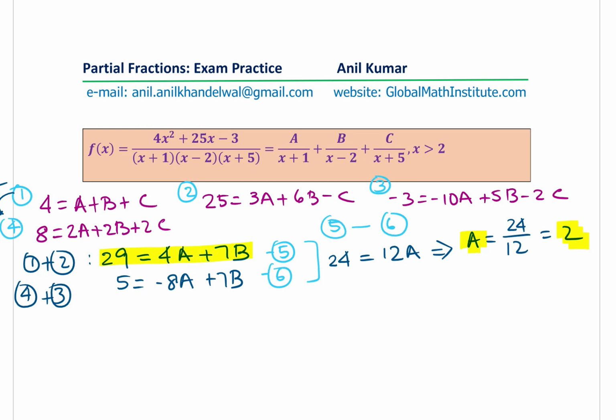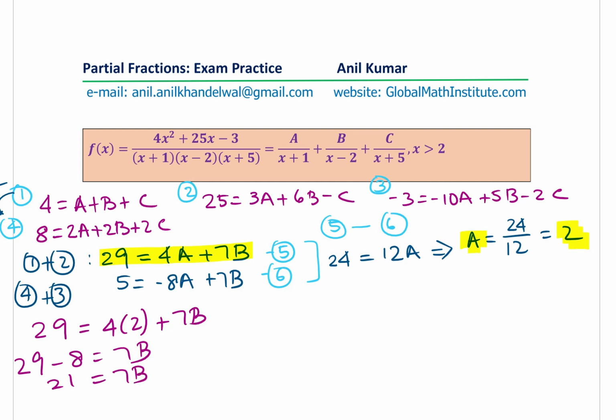So when you substitute in this equation, you get 29 equals to 4 times 2 plus 7b. So 29 minus 8 is 21 equals to 7b. And clearly, we get b equals to 21 over 7, which is 3. So we get the value of b as 3.